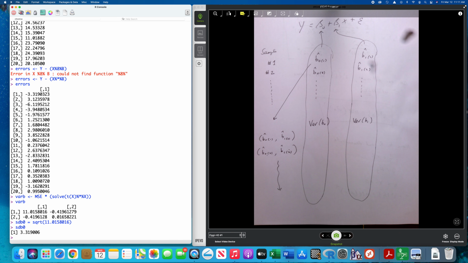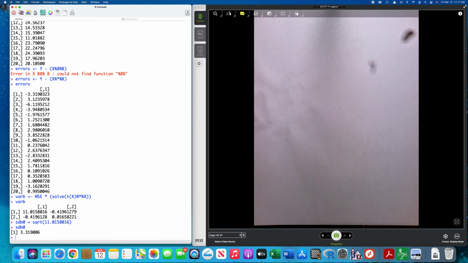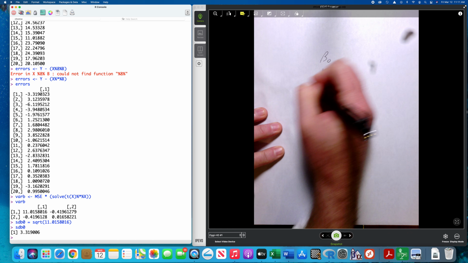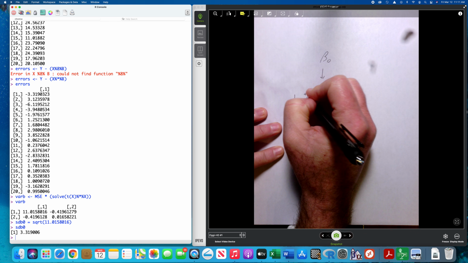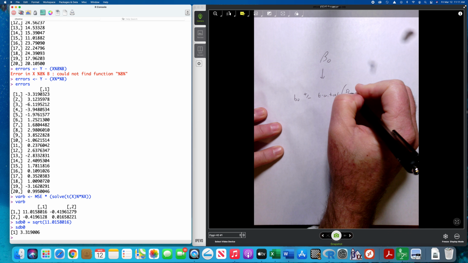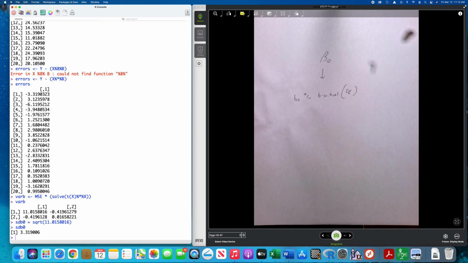Which again, once I dive into inference, if I want to find the confidence interval for beta 0, for example, I'm going to take the estimate plus or minus the t critical times the standard error. So the standard error uses the variance, but we'll need the standard deviation. So once we get to this point, we're going to need to take those diagonal elements and take the square root and create the standard deviation.